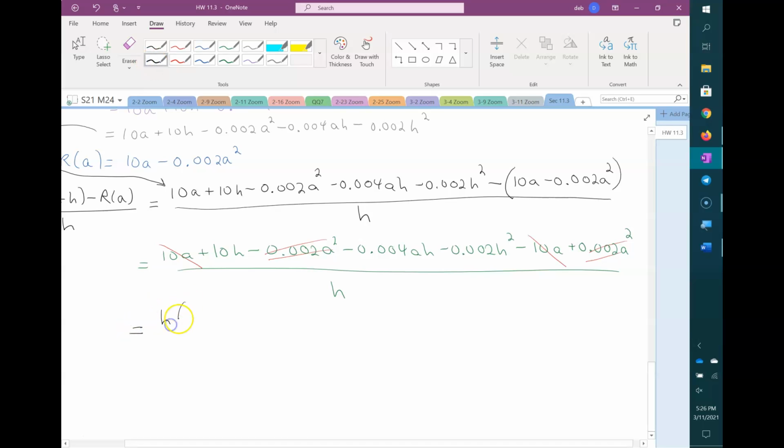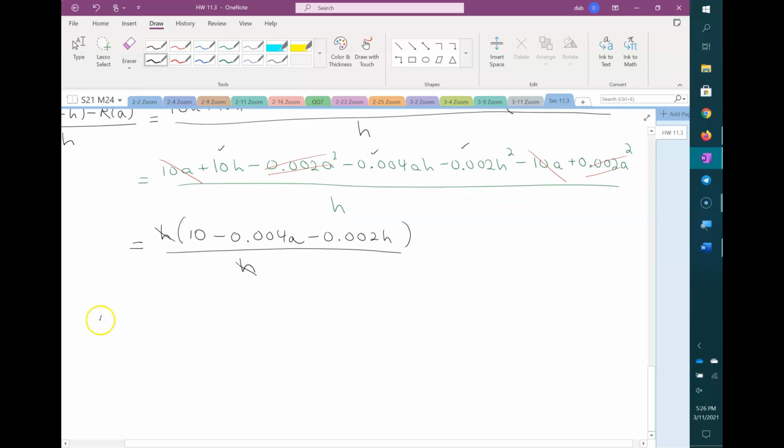So then I'm going to factor out h from what's left. 10 minus 0.004a minus 0.002h over h, and those h's are going to cancel. So my average rate of change is going to be 10 minus 0.004a minus 0.002h.